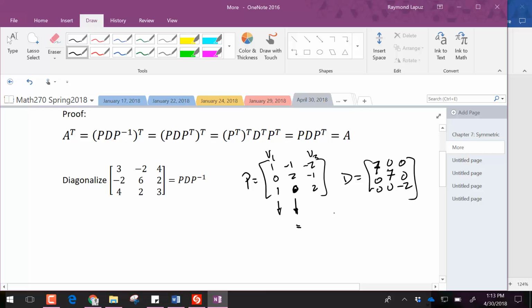Well, they're not orthogonal yet either, because the middle one is not quite perpendicular to the first one. So how do you make the second vector in here orthogonal to the first vector?